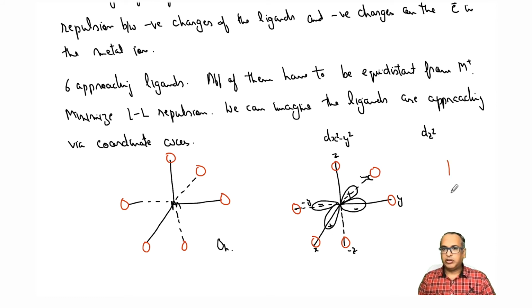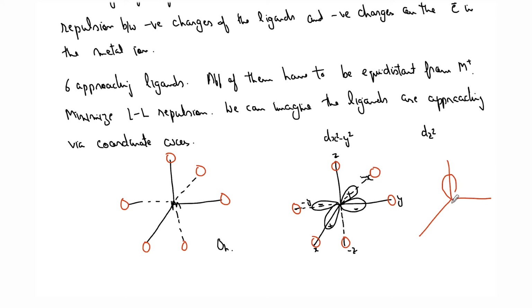And similarly for dz square, what happens? So here also the ligand is now coming, one from this side, another from this side, right?